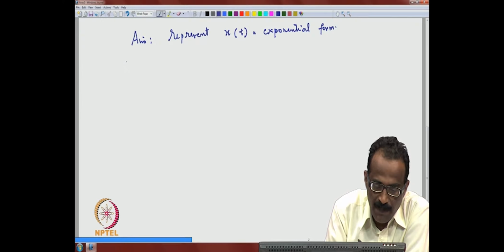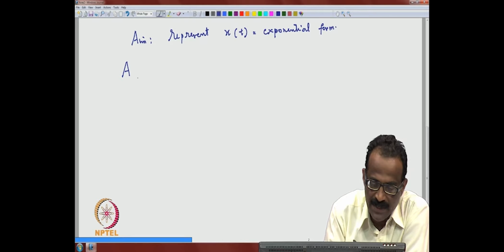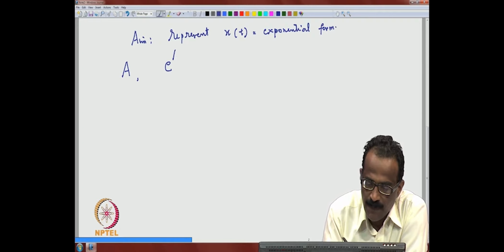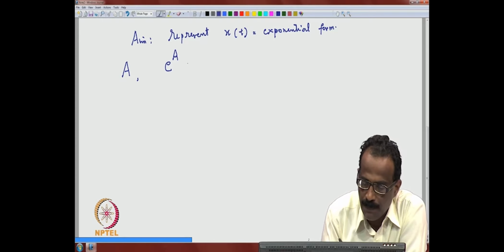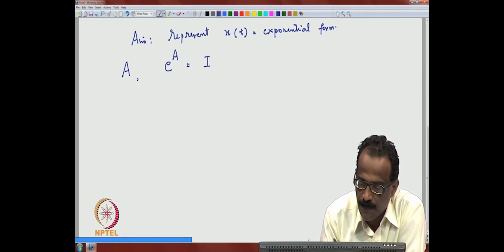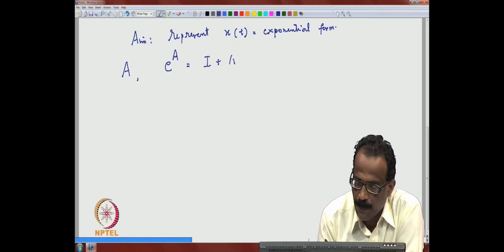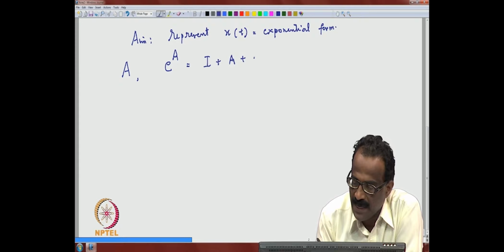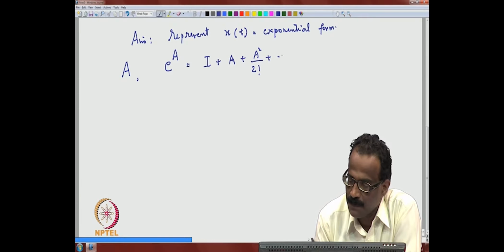If A is a matrix, then e to the power A can be defined to be I plus A plus A squared by 2 factorial plus etc.